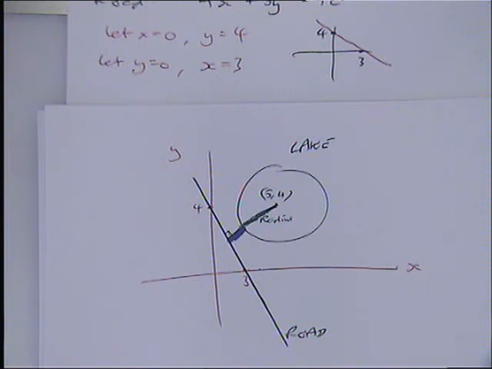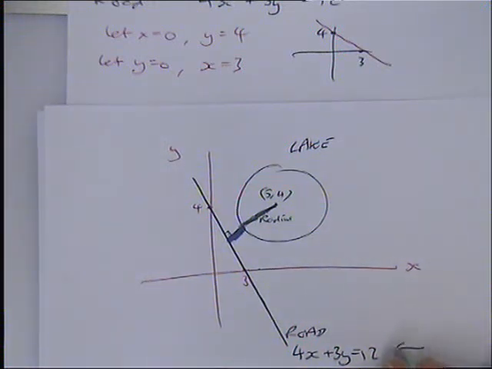Right. Well, let's just take stock a minute of what we do know. I know the equation of the road is 4x plus 3y equals 12. I know that. Okay? Right, now. Is there anything else I know about that line?